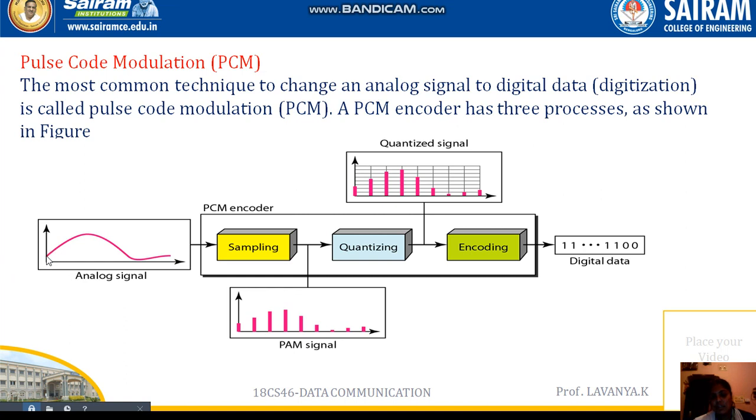Based on this analog signal, it divides that particular signal into samples. This dividing part we call sampling, with the help of an amplifier.